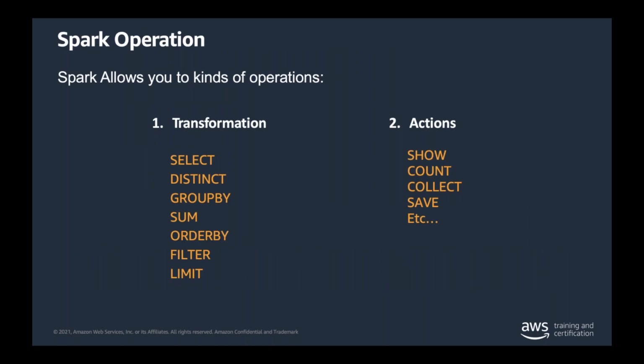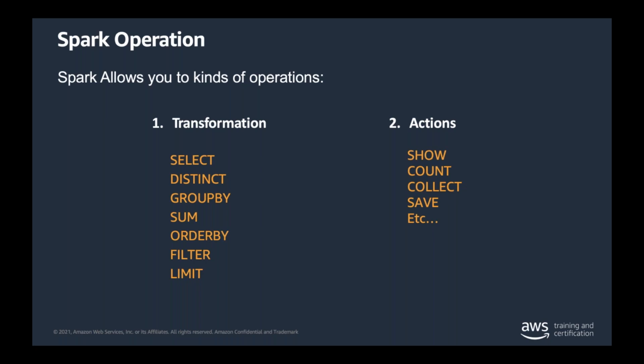And Spark also allows you two kinds of operations: transformations, which are lazy operations like select, distinct, group by, etc. And by lazy, it means that when you run a transformation, let's say an update, instead of updating a current RDD, this operation returns another RDD instead.